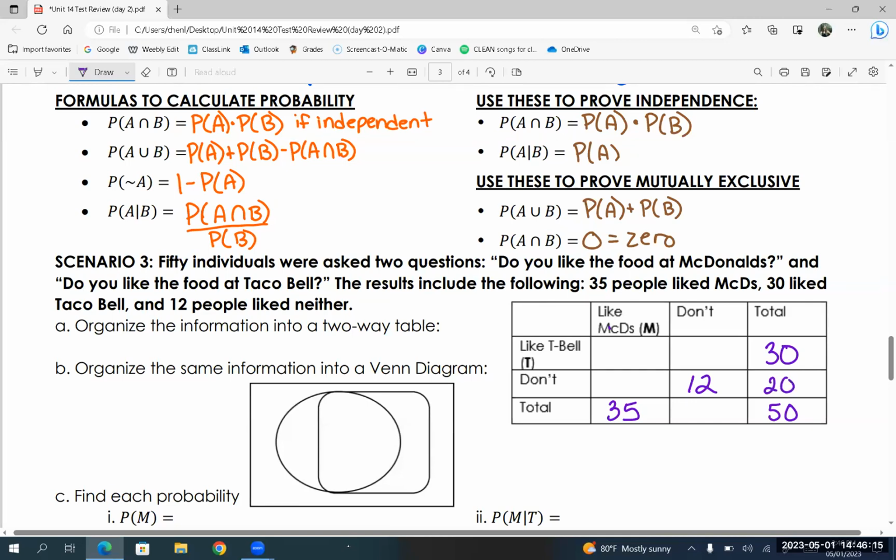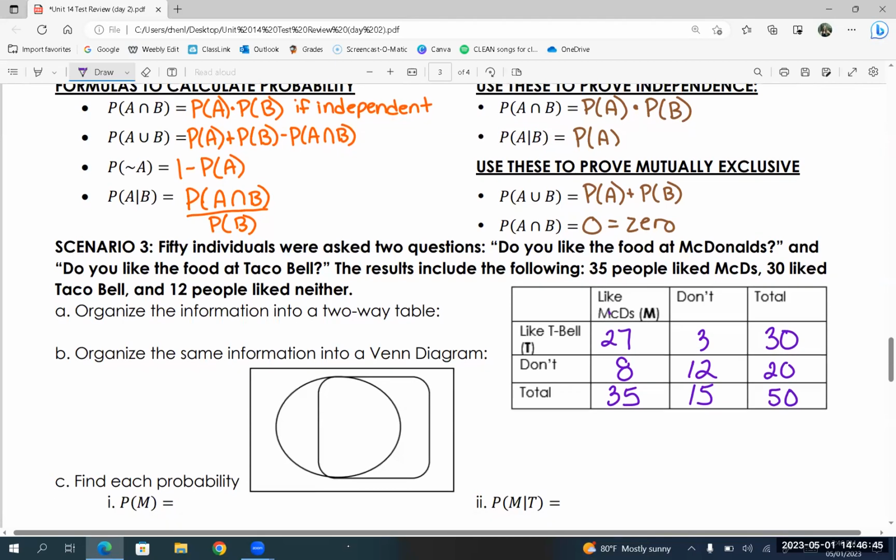And 50 people were surveyed and 35 liked McDonald's, so 15 of them did not like McDonald's. Now I can subtract from there. 15 minus 12 would give us 3. 30 minus 3 would give us 27 people like McDonald's and Taco Bell. 20 minus 12 would give us 8 people who don't like Taco Bell but do like McDonald's.